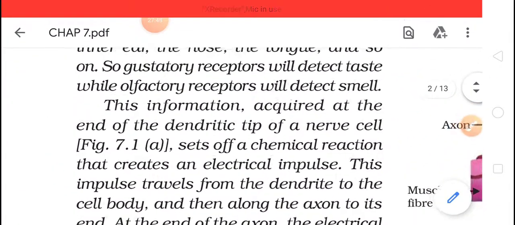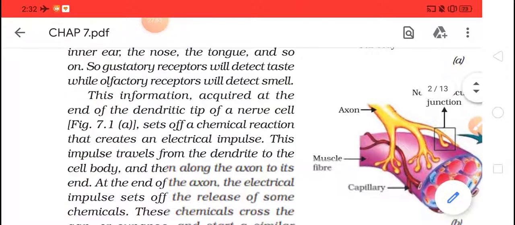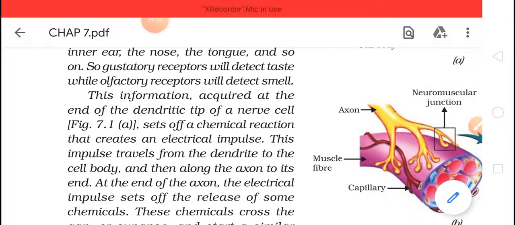I'll read it again. Acquired at the end of the dendrite tip of the nerve cell, a set of chemical reactions creates an electric impulse. This chemical reaction which is happening will create a small electric impulse.